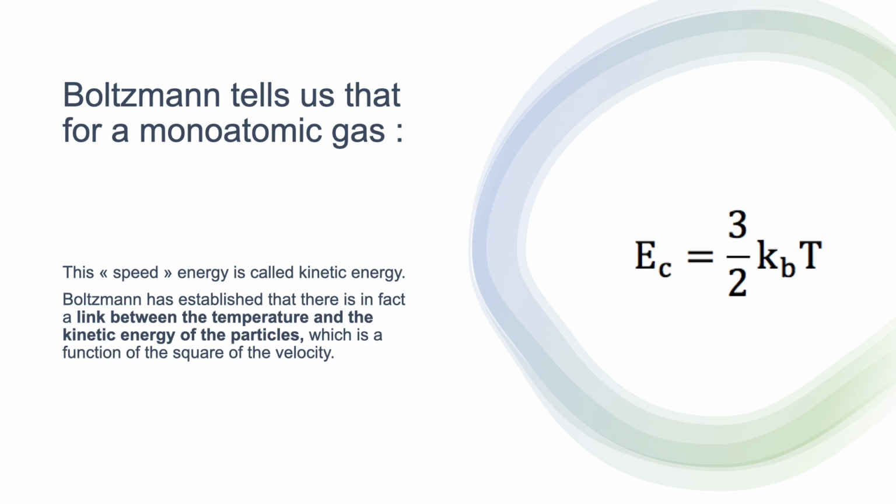And Boltzmann is the one that told us that for a monoatomic gas, this speed energy is called kinetic energy, and he established that there is a link between temperature and the kinetic energy of the particles, which is a function of the square of the velocity, and you have this constant, the Boltzmann constant.